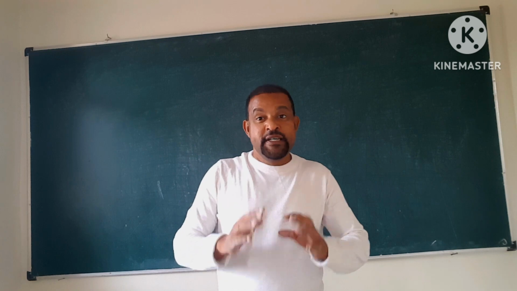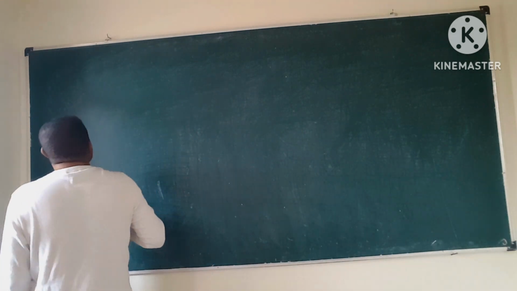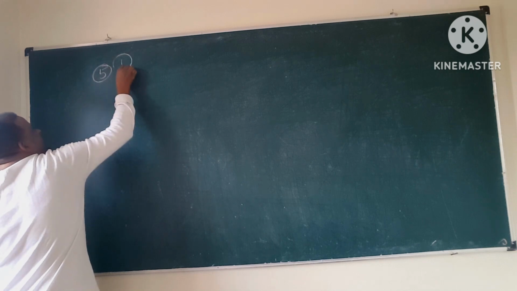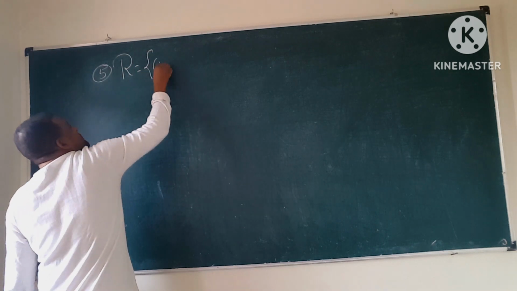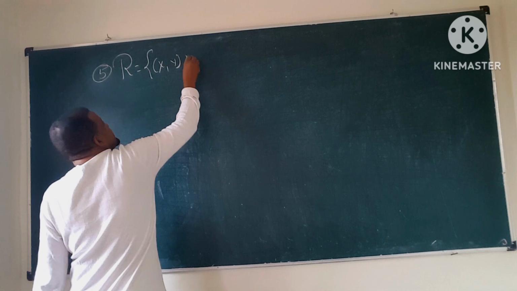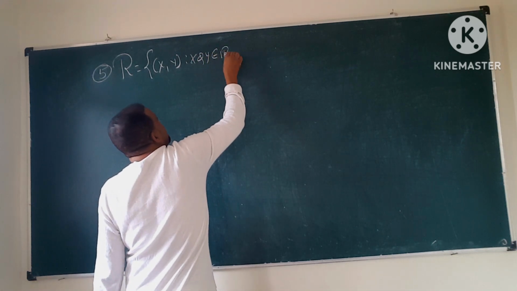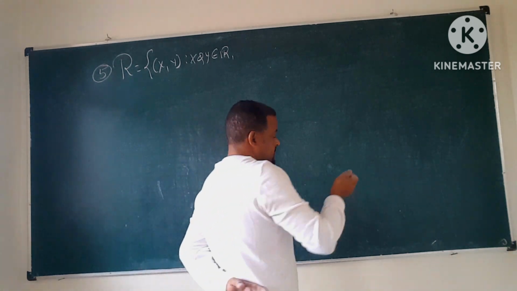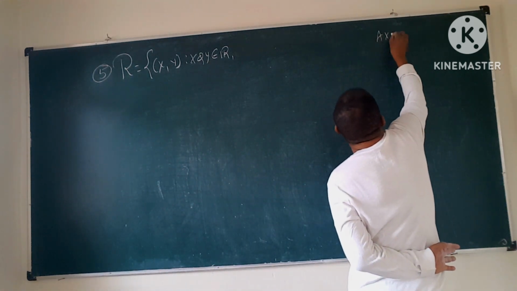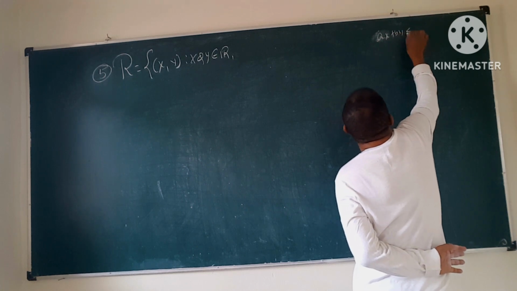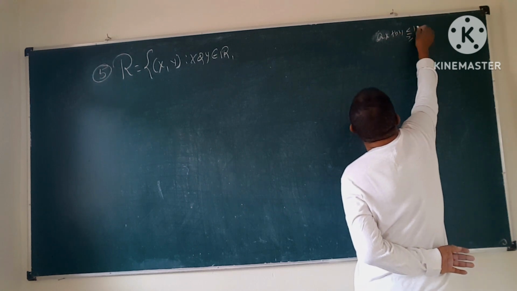Now the next example, it might be example 6 or 5, arrange the number by yourself. Say R is equal to the set of all ordered pairs of x, y such that x and y come from the set of real numbers. Those linear inequalities, ax plus by less than or equal to, or greater than or equal to, some constant.